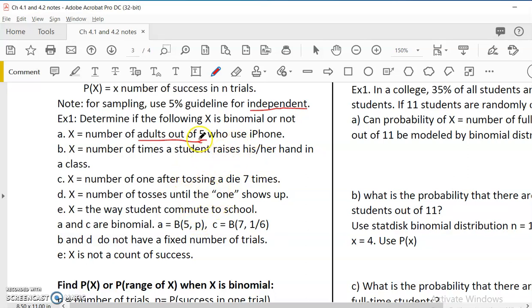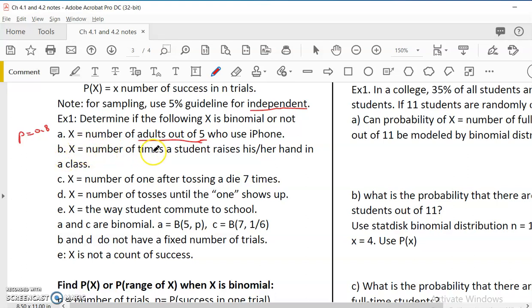If in the whole population we know the percentage that use iPhone, we can have p equal to 0.8, or I don't know what the market share of iPhone is right now, then we can actually find the probability of how many out of 5 would use iPhone. Okay, so we can calculate it by formula and also by PDF.